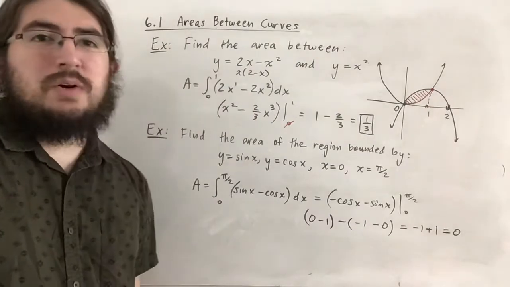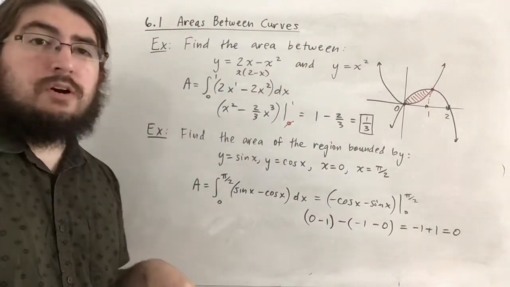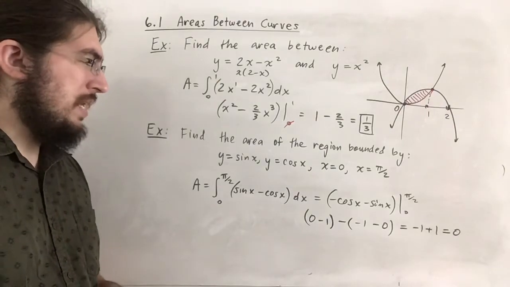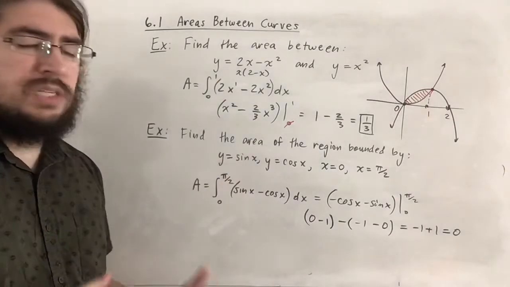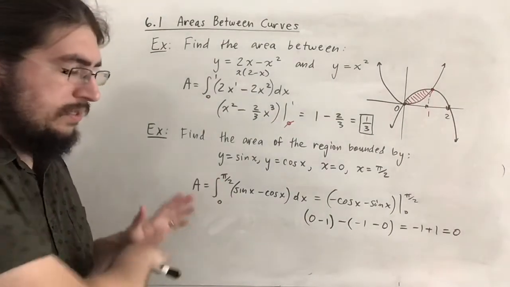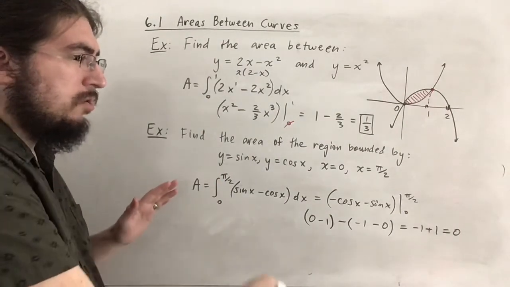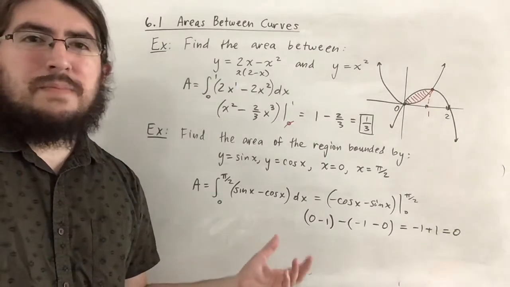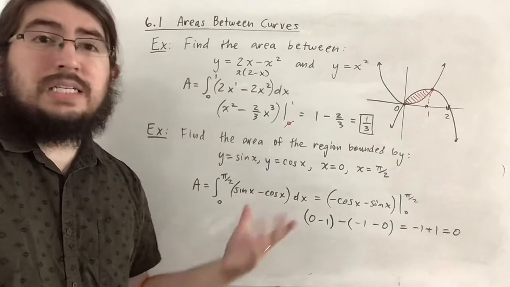That doesn't sound great, because that means the area between the curves is 0. So what exactly does that mean? I mean, clearly sine of x and cosine of x have regions where there's no spot where you would have a 0 area. Basically what this kind of means is that there was a negative area involved.